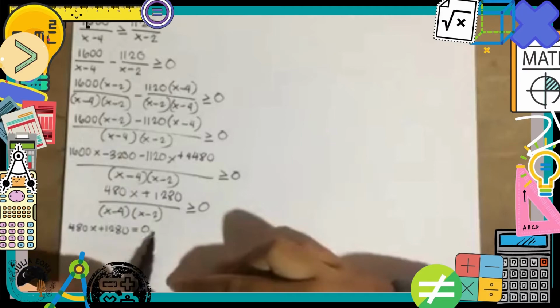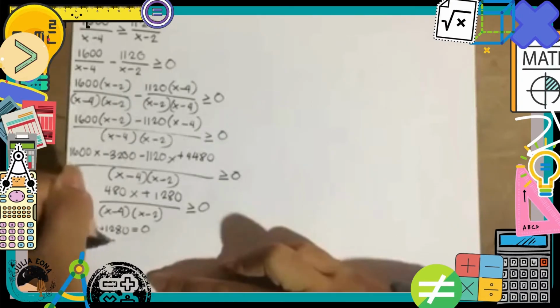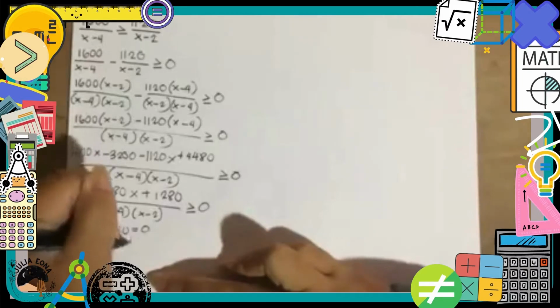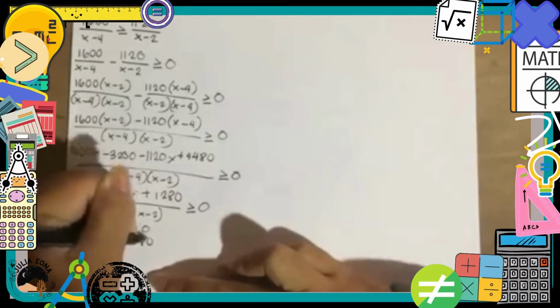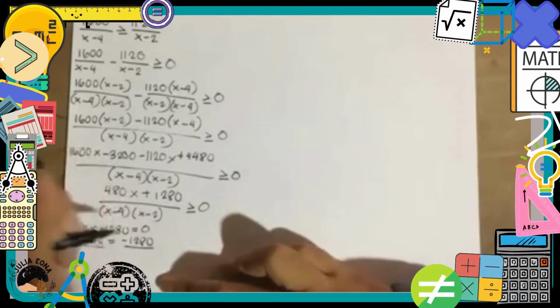So I'm going to transpose 1,280 to the other side. 480x equals negative 1,280. And then I'm going to divide both sides by 480.